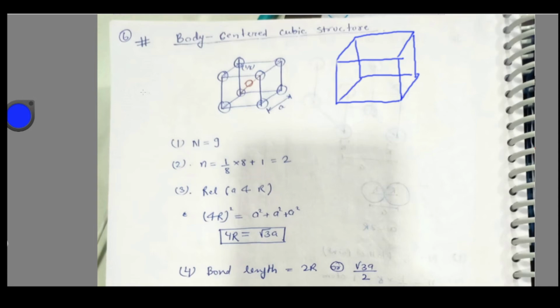At the center of the cubic structure, one atom will be present like this, and atoms will be present at all the corners apart from the central atom.